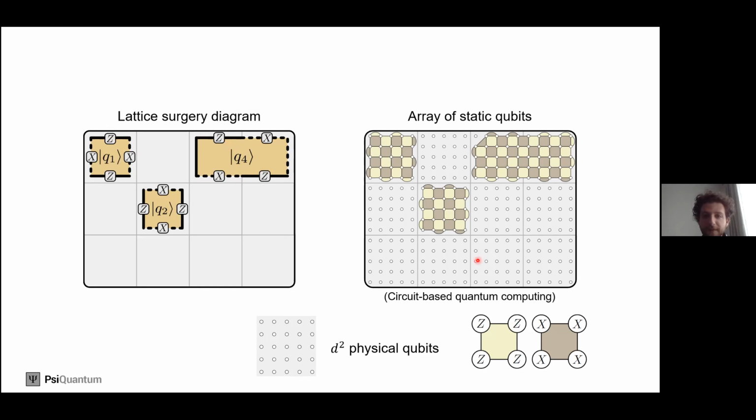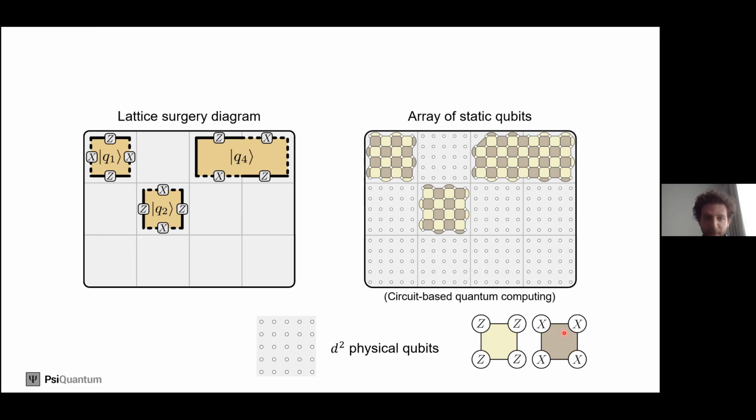On the level of physical qubits, each patch corresponds to some arrangement of check operators that you need to measure. Each of these squares is a check operator, and the yellowish squares are products of Z operators on the 4 qubits at the corners of the square, and the gray squares are products of X operators. So a quantum computation with surface codes is performed in so-called code cycles.